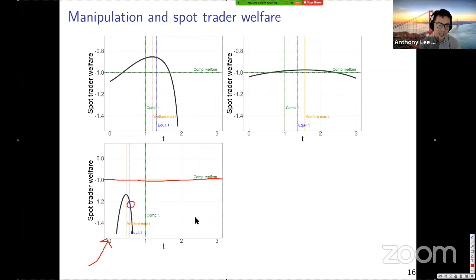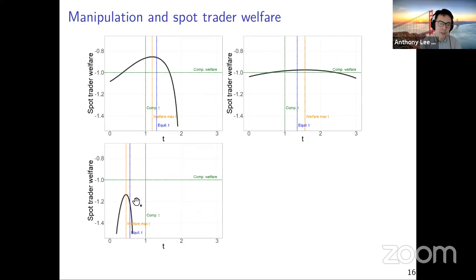What I show is basically that spot traders may in some cases prefer that everyone holds smaller contract positions. So if everyone could walk into a room and make a deal that says, we're all gonna buy less contracts per unit factor exposure, that may make all spot traders better off. I show in the paper that also makes all hedgers better off. So this kind of justifies regulatory intervention in these markets.